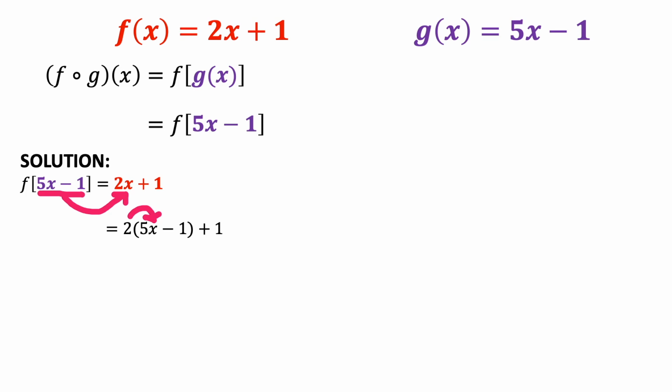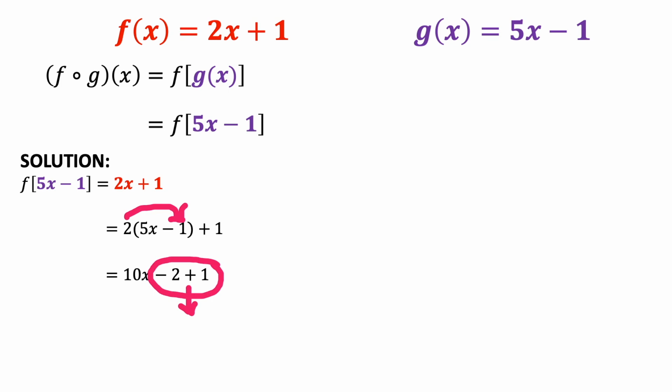Therefore, 2 multiplied by 5x will give us 10x. Then, 2 multiplied by negative 1 is negative 2, then plus 1. Since negative 2 and 1 are like terms, we will combine them. They will give us negative 1. Therefore, f circle g of x is 10x minus 1.